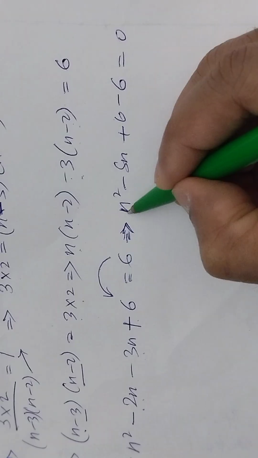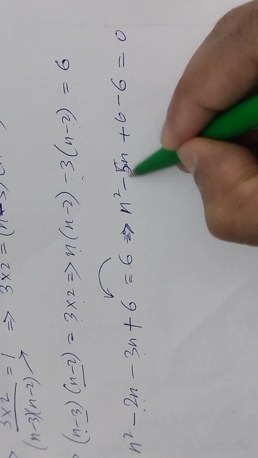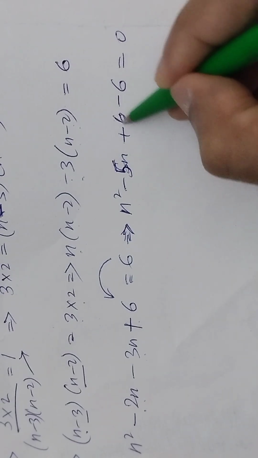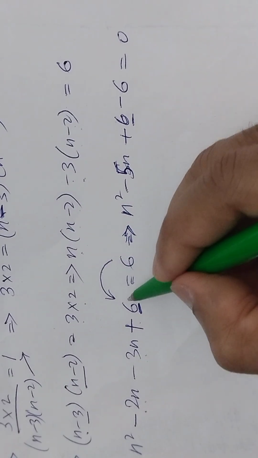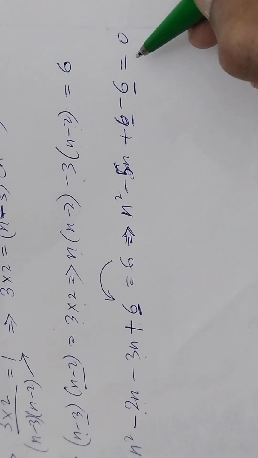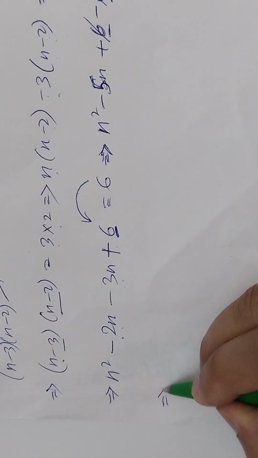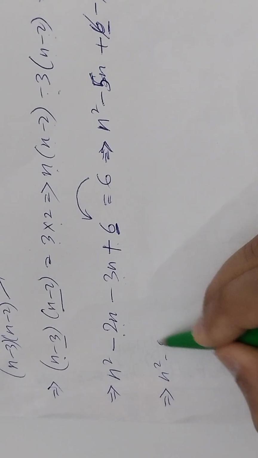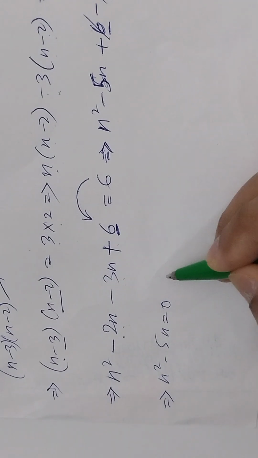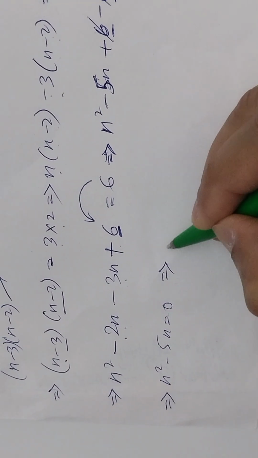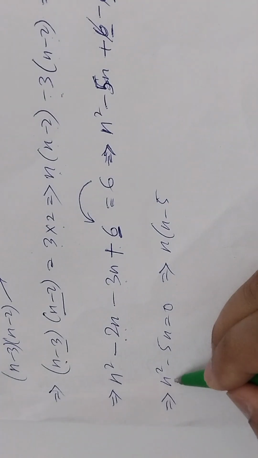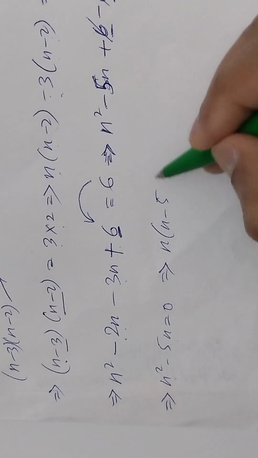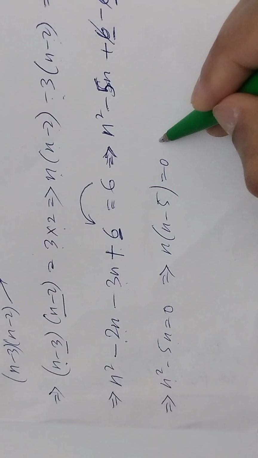So this gives us n squared minus 5n plus 6 minus 6, because there was a 6 and I take it to the other side. So the 6 cancels, and we are left with n squared minus 5n is equal to 0. We can take n common from n squared and 5n and write it like this: n into n minus 5 is equal to 0.